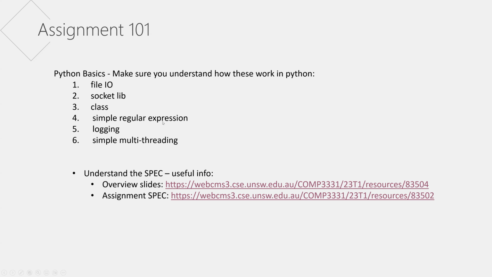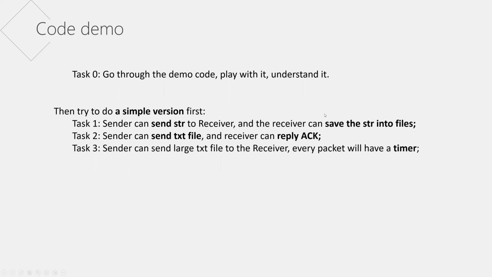Okay, now we come back to here. We go through all the Python basics that you may need to know. So please let me know if you need any kind of help for this kind of stuff. And let's go to the next one. So now we will play with the demo code and try to do some simple version programming.